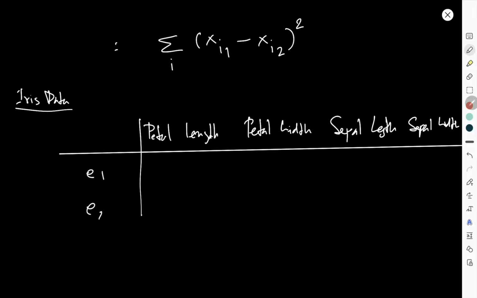For example, example 1 and example 2 have values 4.2, 4, 5.6, 5, 3.2, 3, and 1.8, for example.